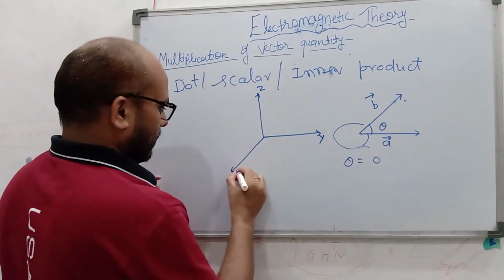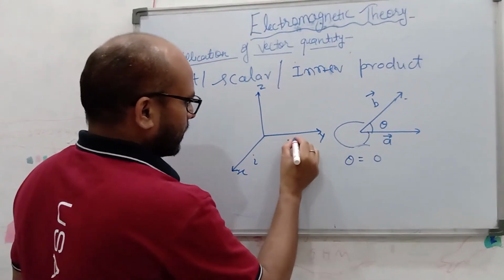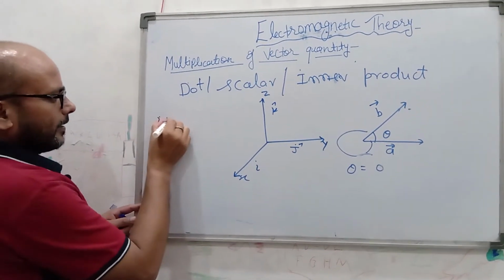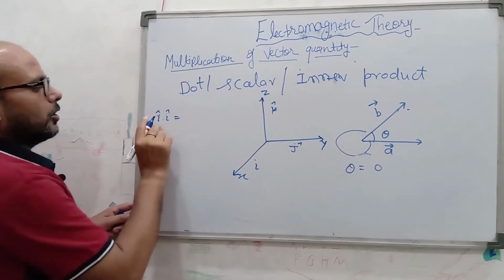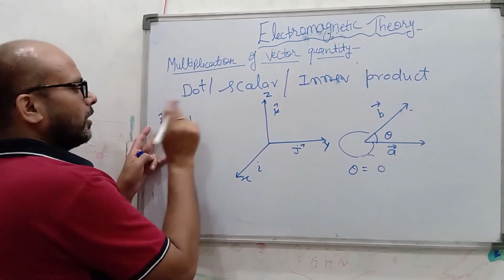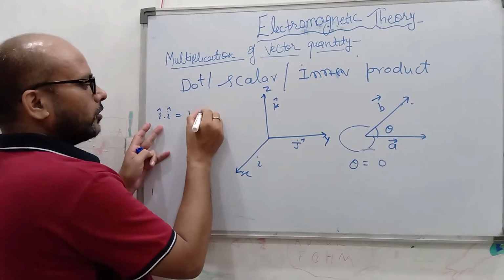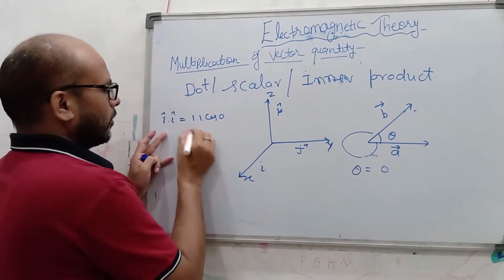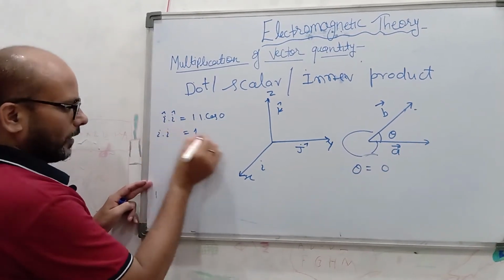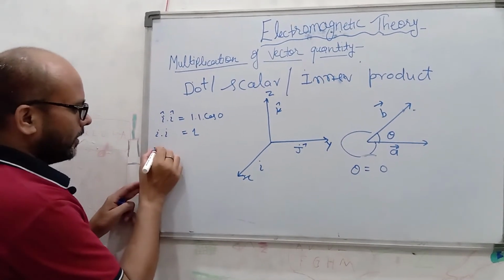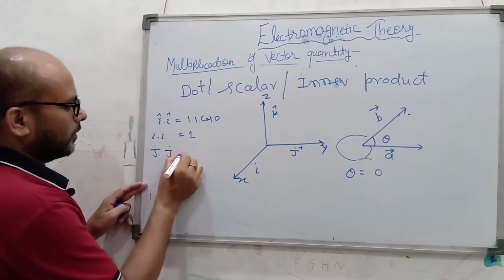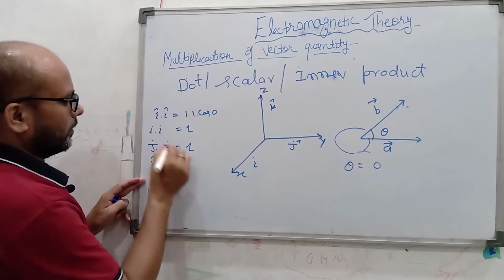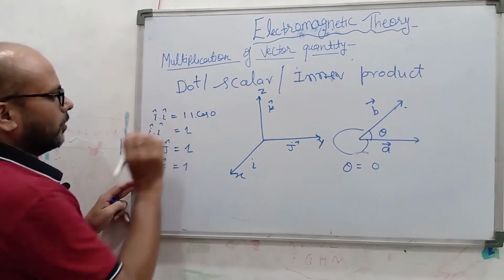Here i cap, j cap and k cap are the unit vectors. Now i dot i: magnitude of i is 1, magnitude of i is 1, cos 0 is 1, so that is 1. So i dot i equals 1. In the same way, similarly, j dot j equals 1, k dot k equals 1. Here the unit vector, correct. Okay.